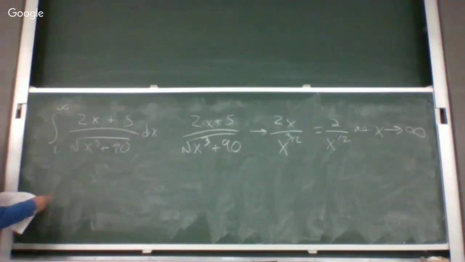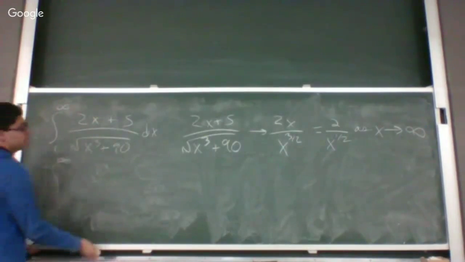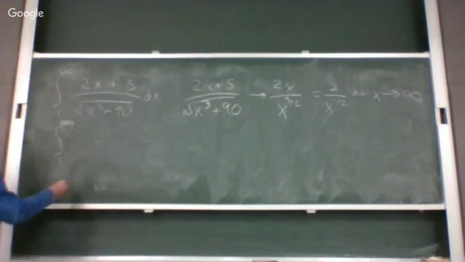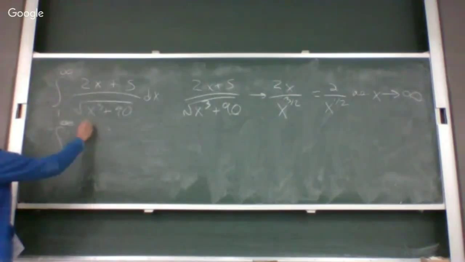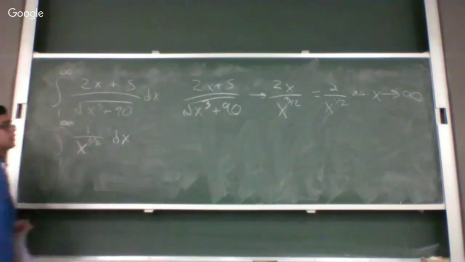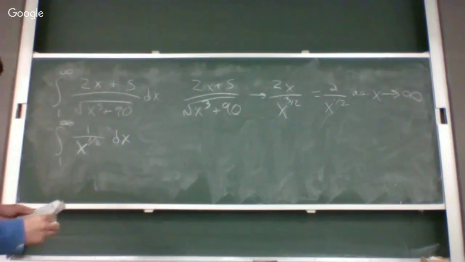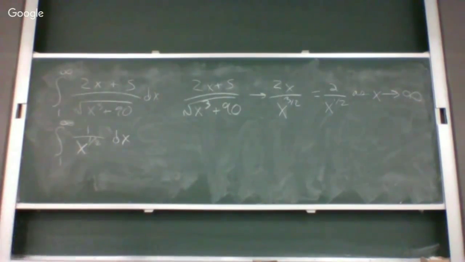So we'll just do 1 to infinity. Since the 2 in reality does not matter that much, we'll just do 1 over x to the 1/2. Would they care if we used the 2? They shouldn't.